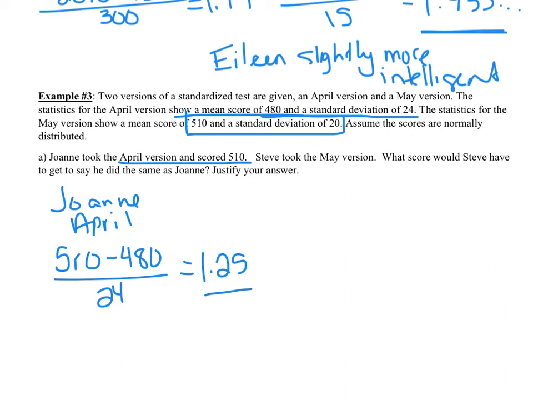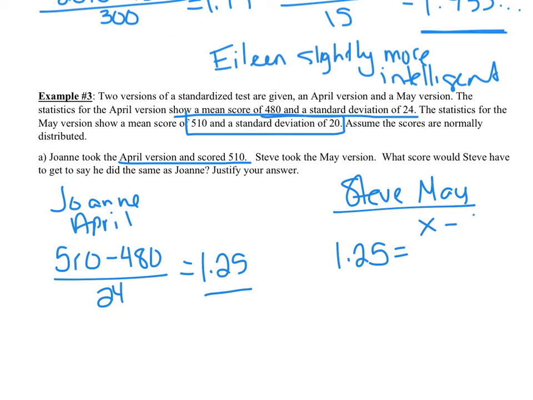Okay, so basically what that's saying is, since Steve took May, we want to know, he already knows that he wants to get a 1.25 standard deviation, but we don't know what his test value is. So we're kind of using the formula in a backwards way, where we're not just plugging it in and getting an answer out.